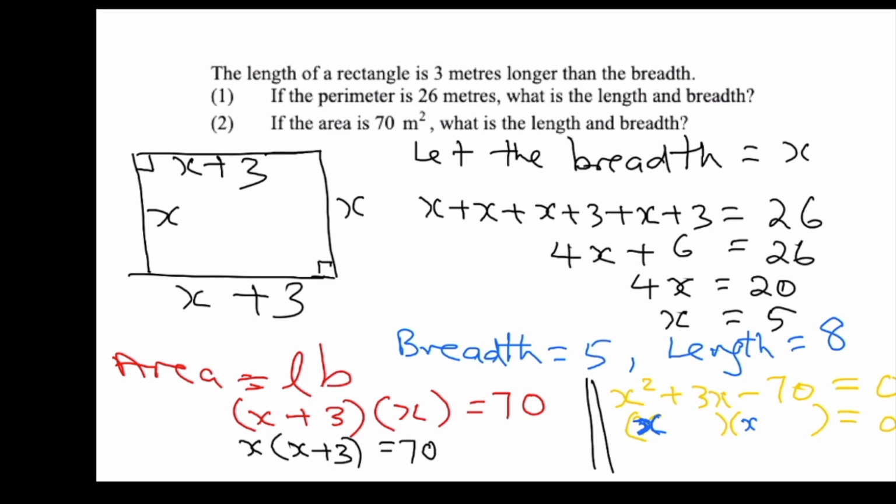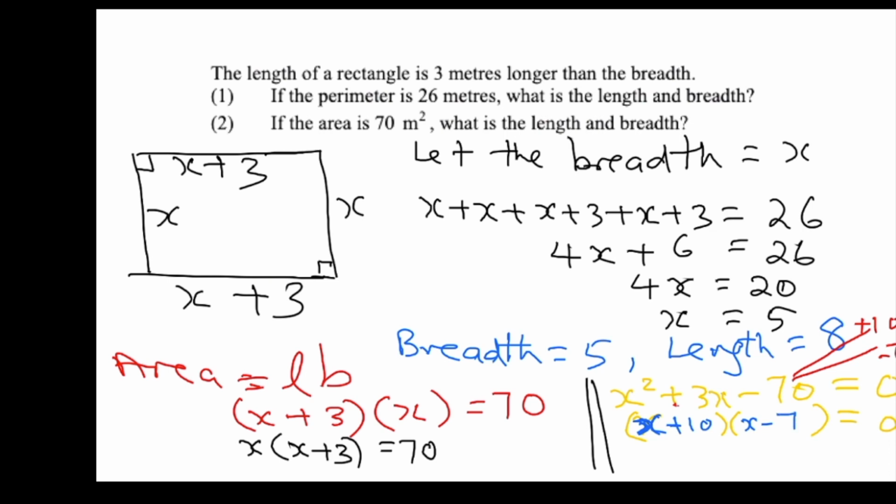So the factors of 70 should be 10 and 7. But take note, it's negative, so they cannot be using the same sign. One of them should be positive and another one should be negative, and the bigger one should be positive because there is a plus sign there. So it should be a plus 10 and a minus 7. So it's a plus 10 in one bracket and a negative 7 in the other bracket.